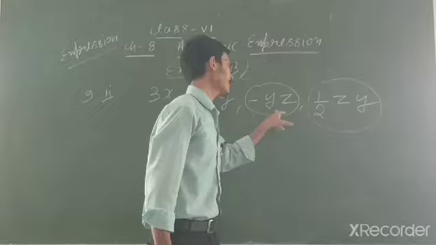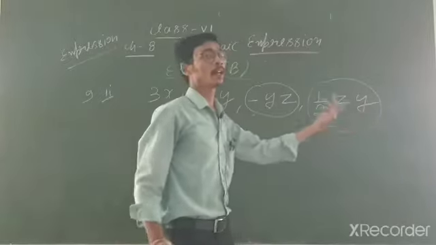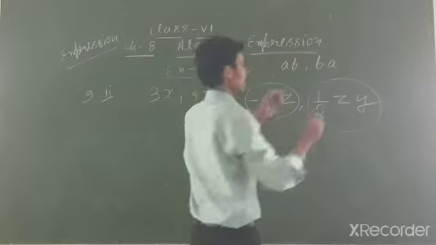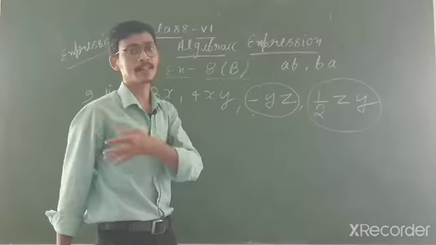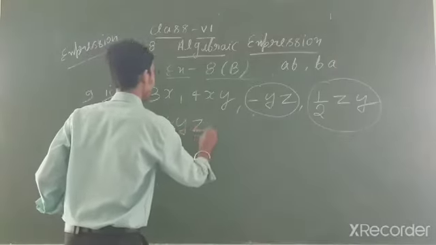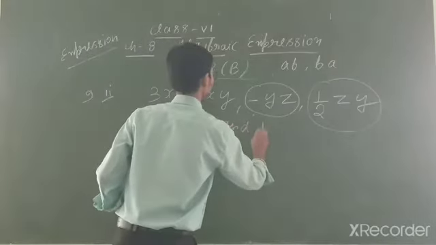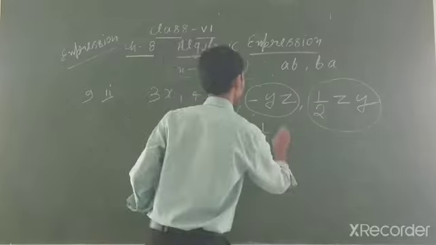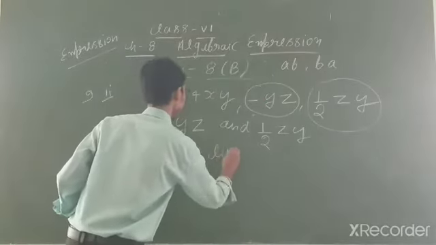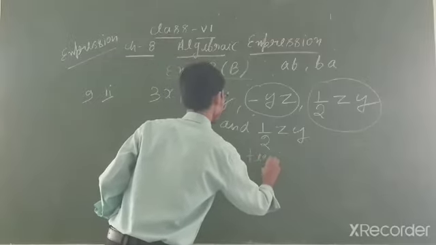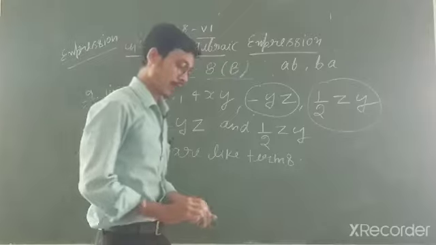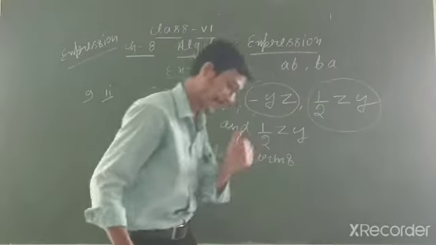Here the variable is yz, here the variable is zy. Like if ab is given or ba is given, both are the same, only the place is changed. So you can write down: minus yz and 1 upon 2 zy are like terms.